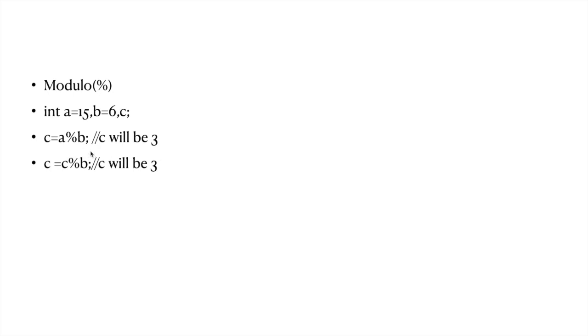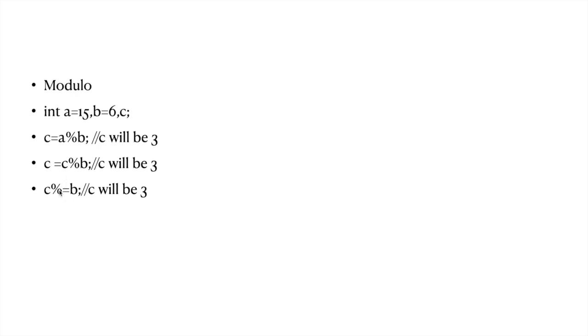And the modulo operator is also used like the other operators. The modulo of c to b can be assigned back to c, and the augmented assignment also works for the modulo operator as well.